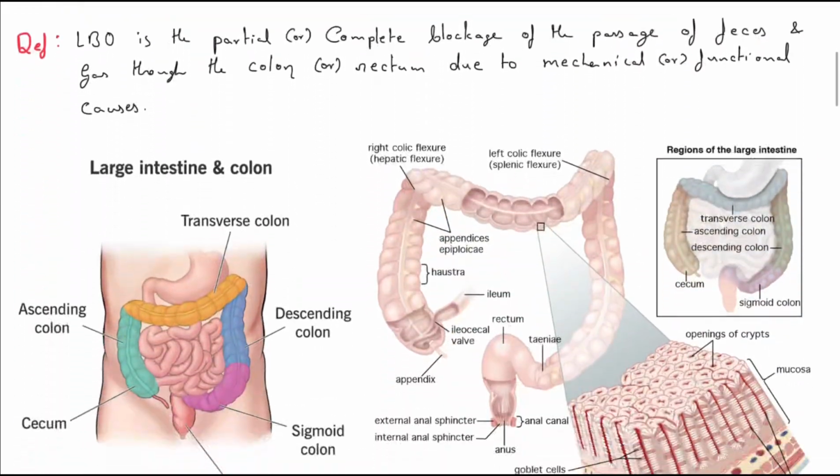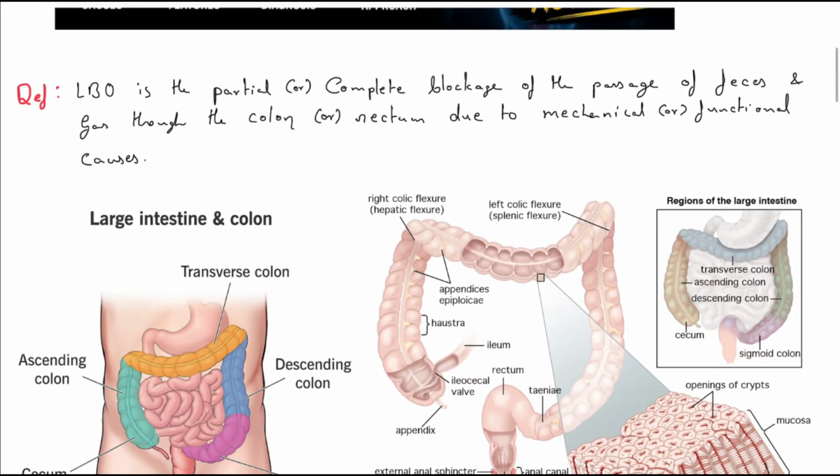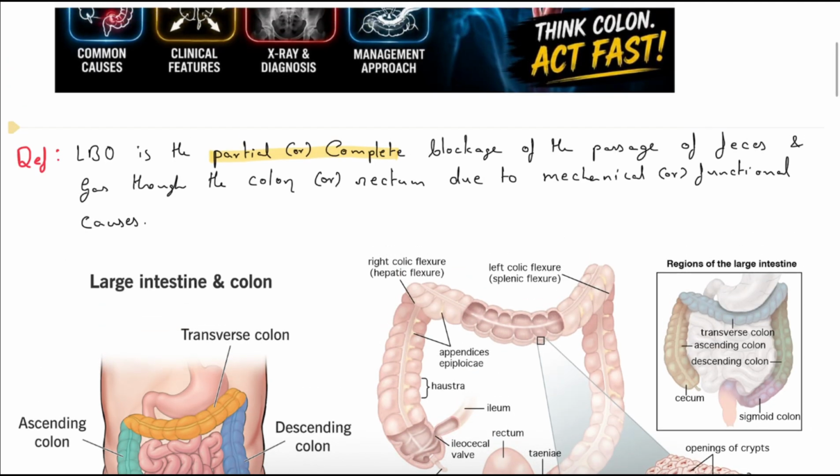So first of all, here is the definition of large bowel obstruction. Large bowel obstruction is the partial or complete blockage of the passage of feces and gas through the colon or rectum due to mechanical or functional causes.